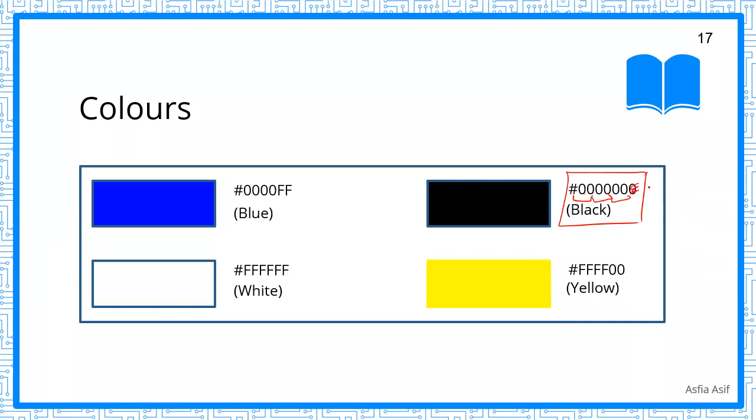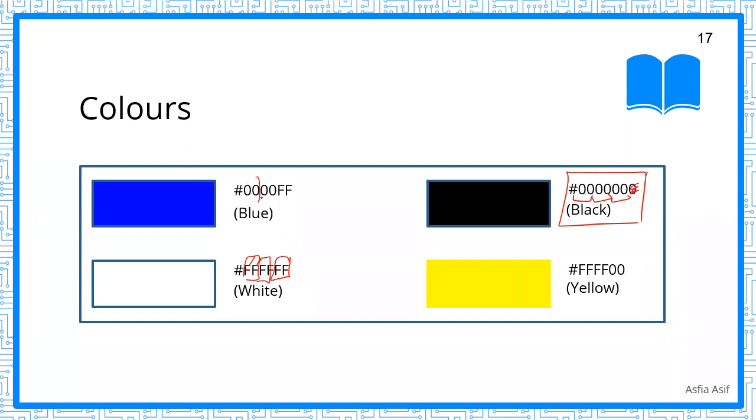Remember the physical law of the light. If there are no colors, it's the absence of colors, so it's black. All F is the highest number possible, or the highest shade of the color. All of them combined will become white.